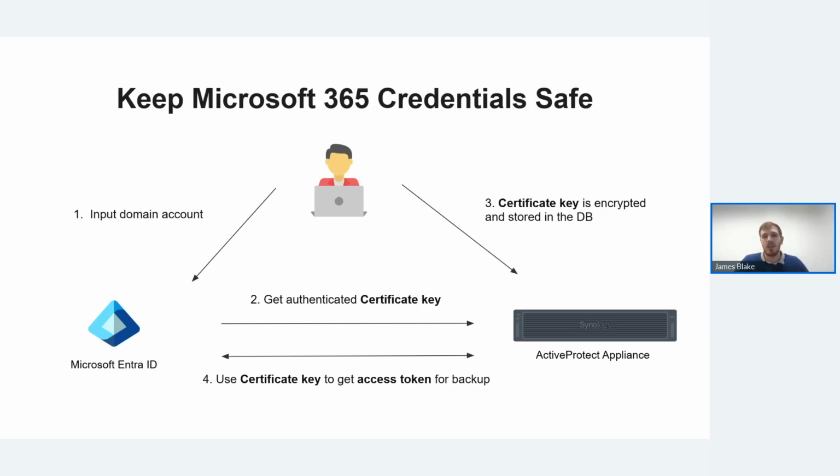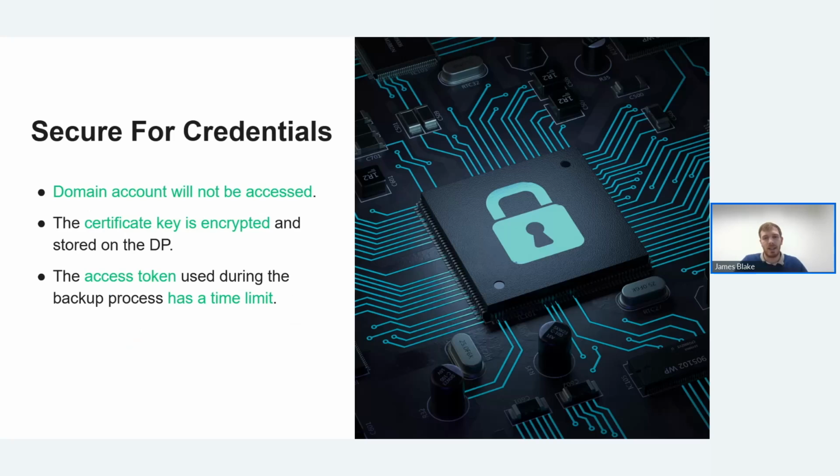This approach protects user credentials by avoiding direct access to domain accounts, and the certification key is encrypted and secured solely on the Active Protect appliance, preventing unauthorized use. To further minimize risks, the access token used during backups is time limited, reducing the chance of potential exposure.